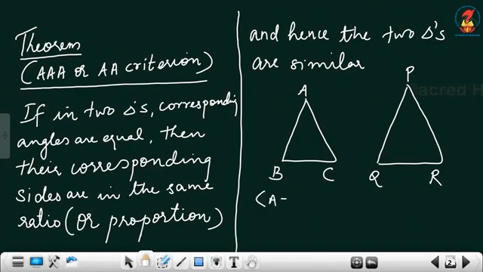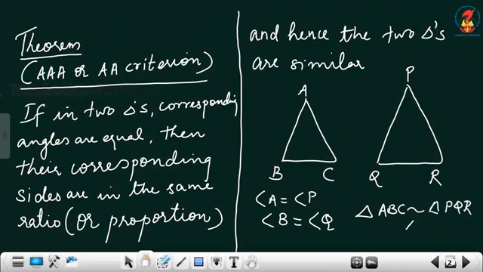If angle A is equal to angle P, angle B is equal to angle Q, clearly angle C is also equal to angle R using angle sum property. So no need to prove the third one, we need only two. If two corresponding angles are equal, we can say both the triangles are similar and we can write like this: triangle ABC similar to triangle PQR using AA criterion.